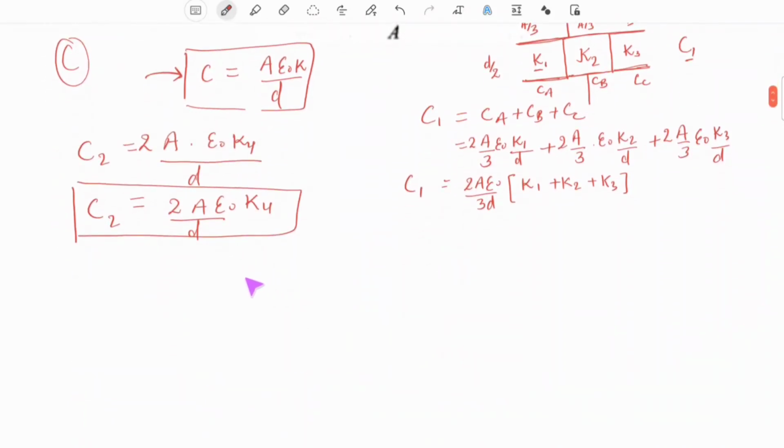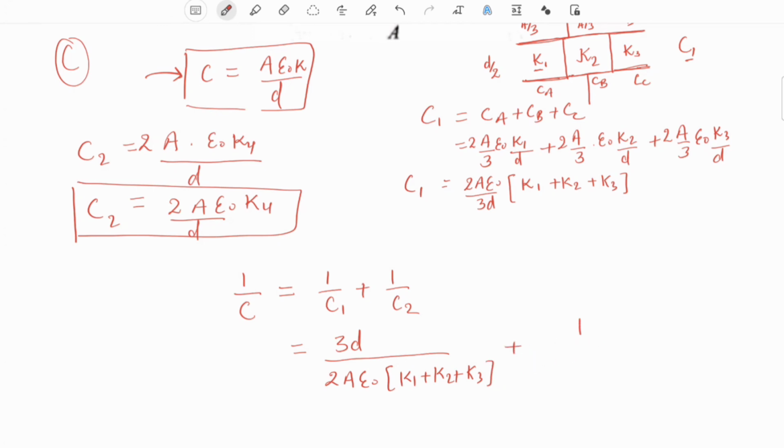In series, the equivalent capacitance: 1 by C is equal to 1 upon C1 plus 1 upon C2. So 1 upon C1 is this: 3d goes up and below remains 2A epsilon naught into K1 plus K2 plus K3, plus 1 upon C2.